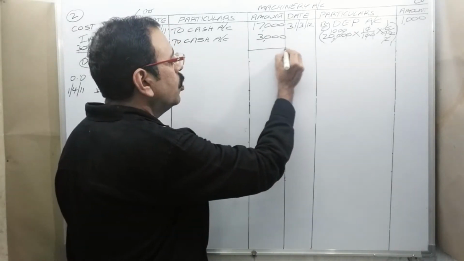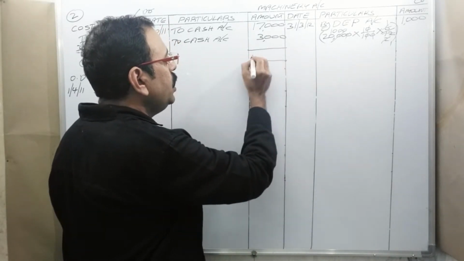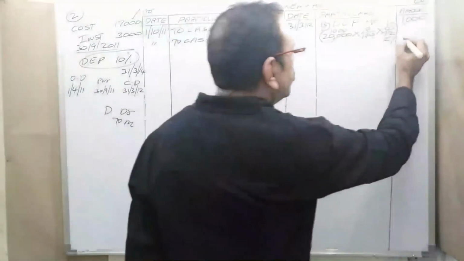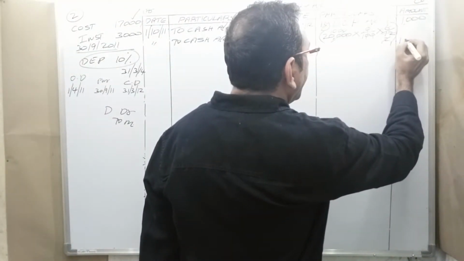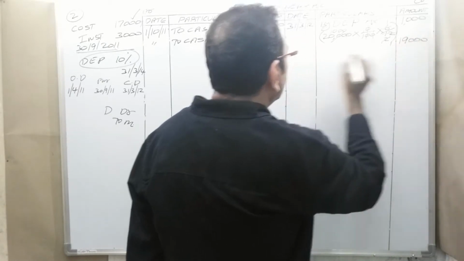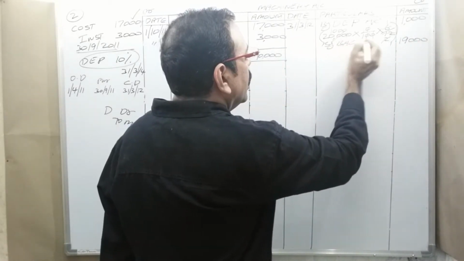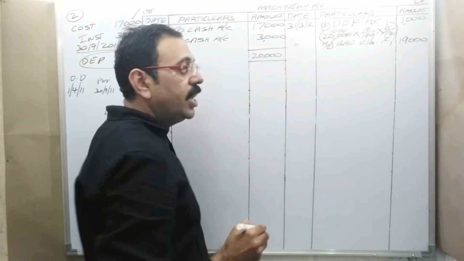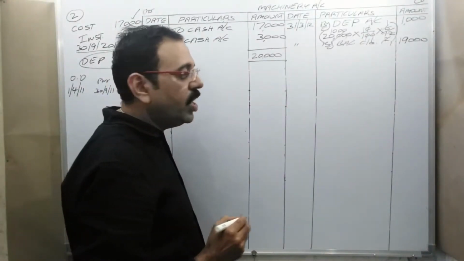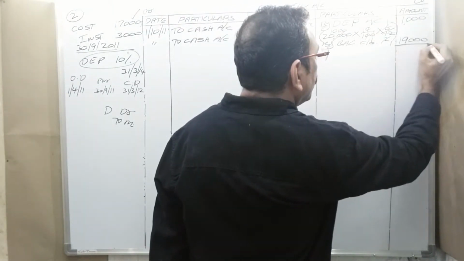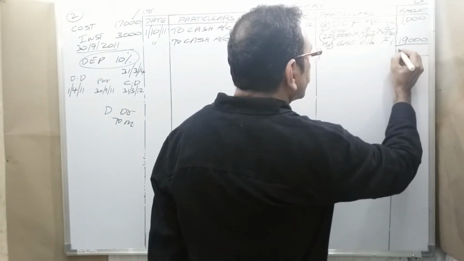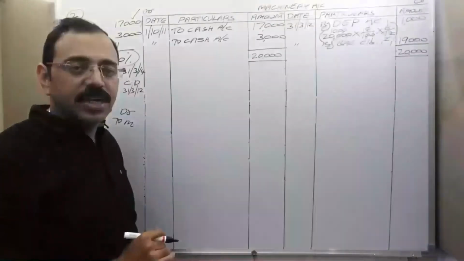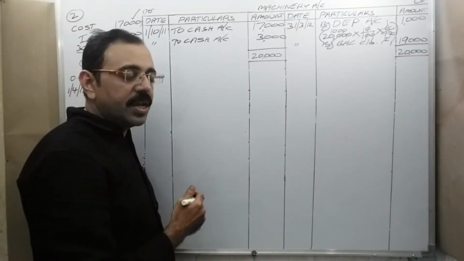Debit side total is more, 20,000 rupees minus 1,000 is 19,000 rupees by balance carried down. When? On the same day, 31st March 2012. Then the credit side total will be 20,000 rupees. First year is completed. Now come to the second year.